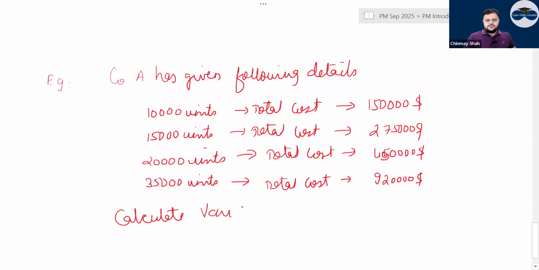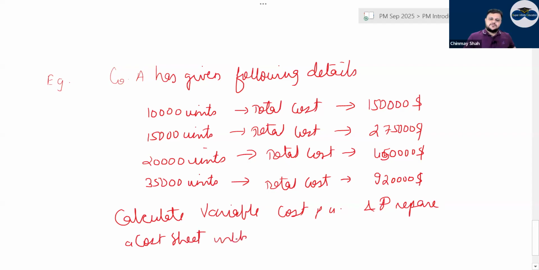Calculate variable cost per unit and prepare a cost sheet with total variable cost and total fixed cost.